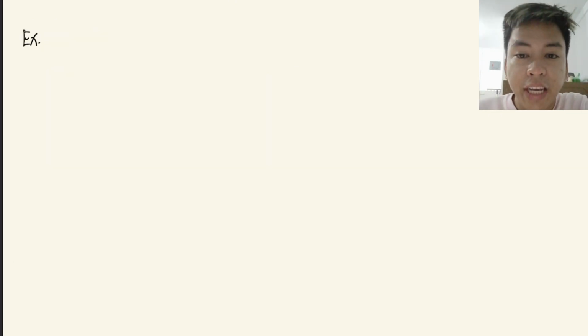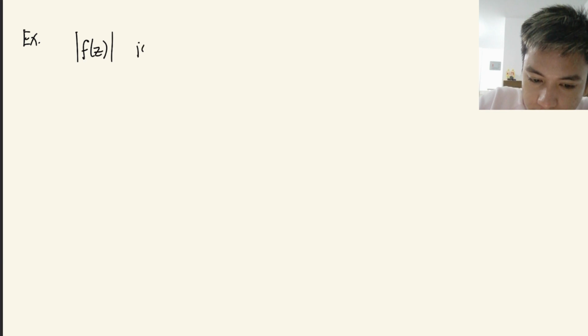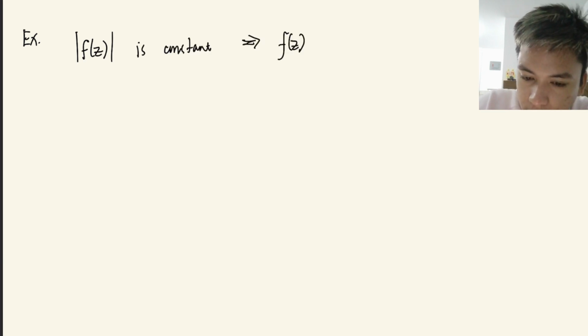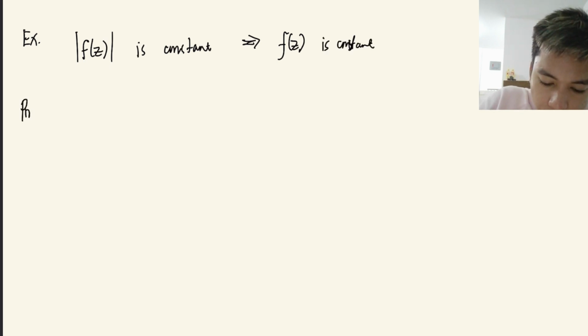Okay, let's consider another example. And this example is actually somehow connected with the previous one. So suppose further that the modulus of f of z is constant. So the conclusion for that is f of z must also be constant. Okay, so let's show the proof on that.